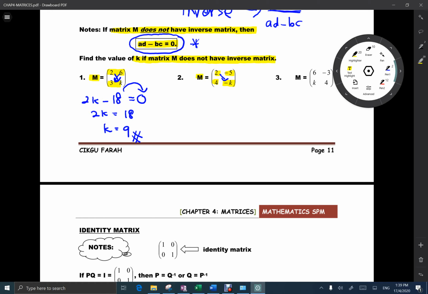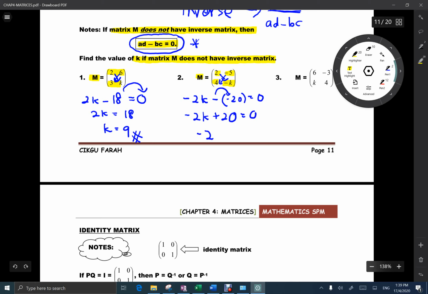So, 2 times negative K is negative 2K. Minus negative 5 times 4 is negative 20 equals to 0. So, negative 2K. Negative will be positive. 20 equals to 0. So, negative 2K. 20 bring over here, it will be negative 20.